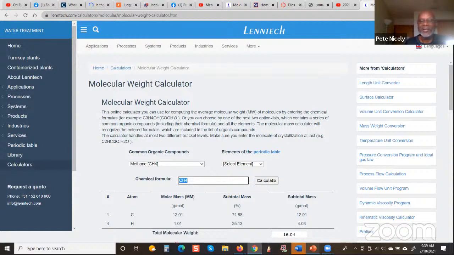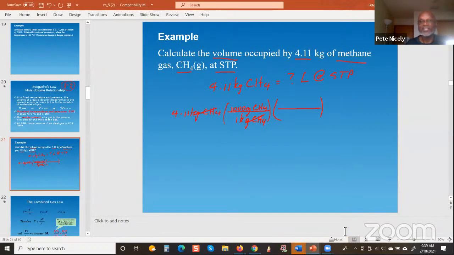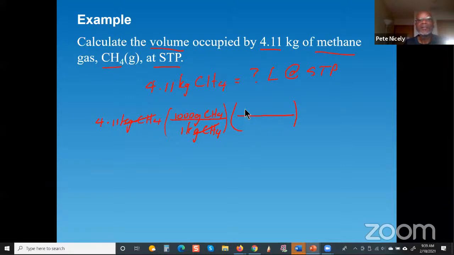Okay, so the molar mass of methane is 16.04. So the way I'd represent it here is that I'm going to put 16.04 grams of methane down here as a denominator and 1 mole of methane above as the numerator. So this unit will cancel out with this unit.